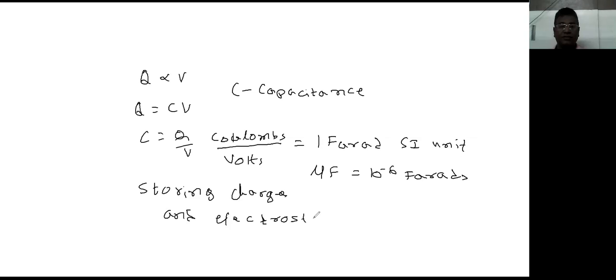Then, what is the use of this? In a circuit, you are representing a capacitor like this. This is some capacitor C. When we put it in a circuit, whenever there is excess charge in the capacitor, it absorbs. Whenever there is a deficiency of the charge or energy, it supplies. So it keeps the circuit running smooth.